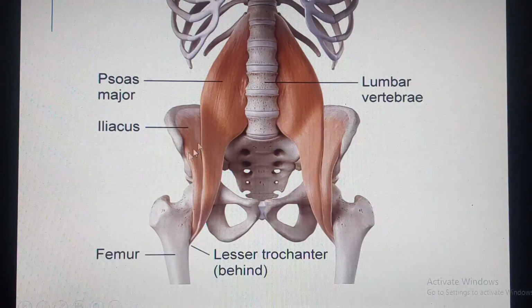So that is the iliopsoas muscle. I told you that it's not a knee extensor, but it is a flexor at the hip joint. Of course, I've told you that all these muscles that I'm going to talk about will be supplied by the femoral nerve. That's the psoas major muscle.